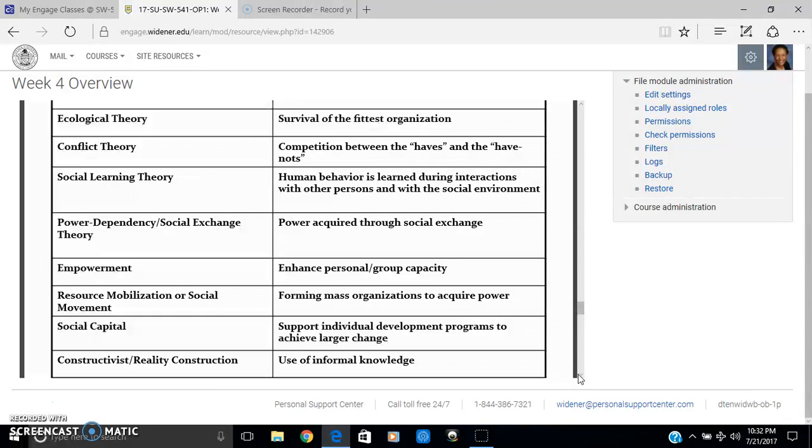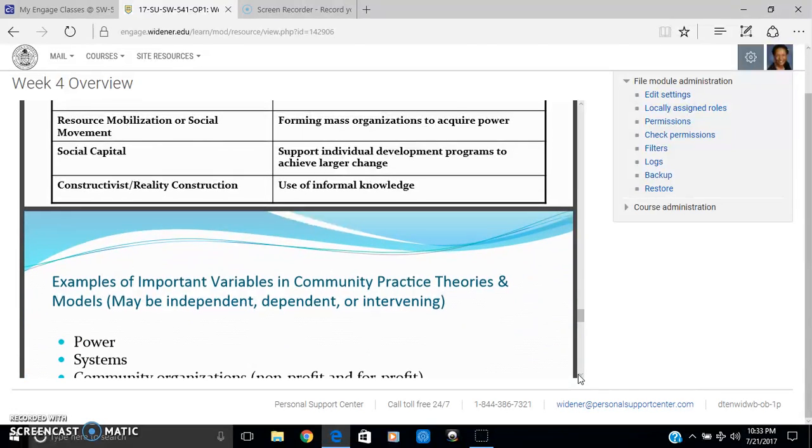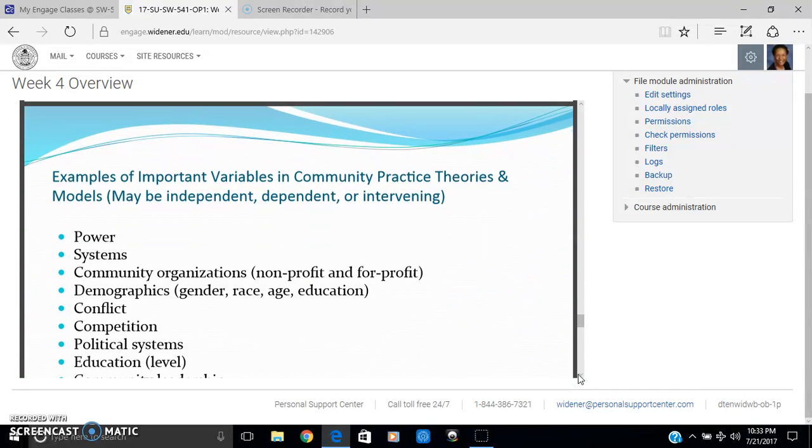So enhancing not only personal but group capacity, resource mobilization or social movements. So looking at how mass movements are formed to acquire power, social capital, and then constructivist reality construction, that use of informal knowledge.